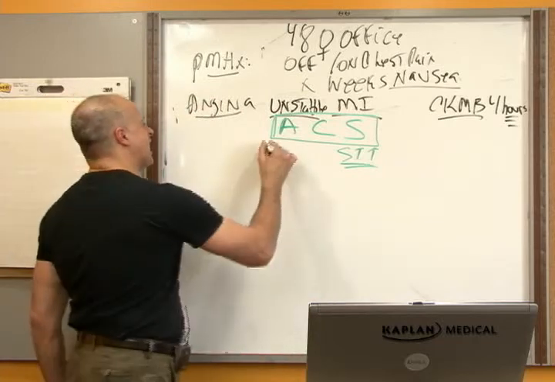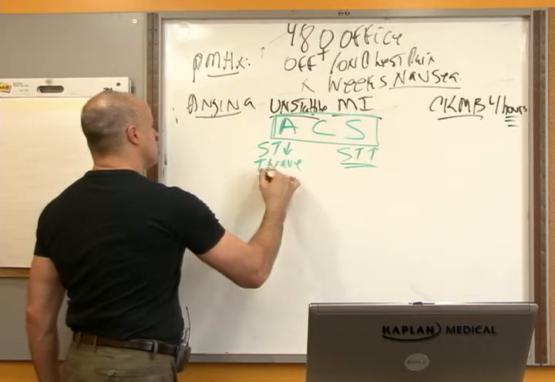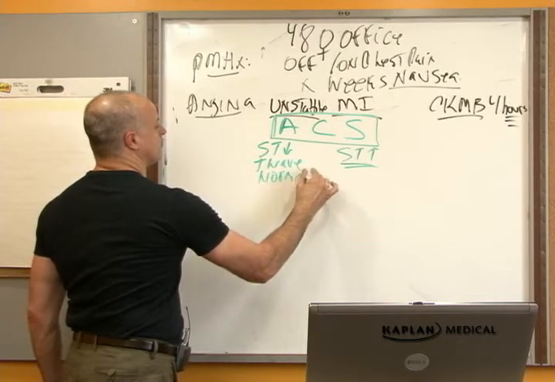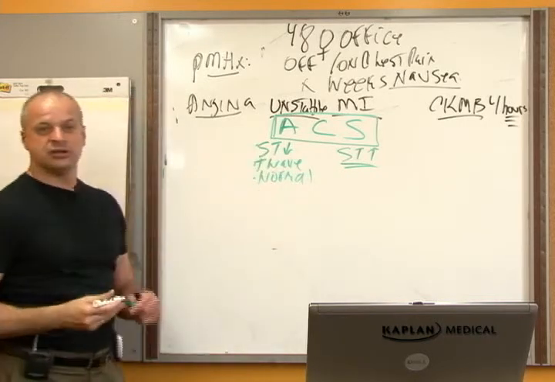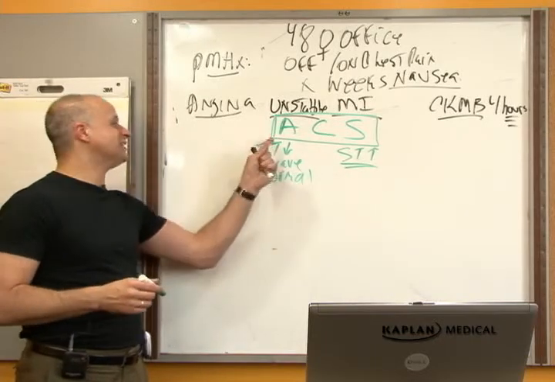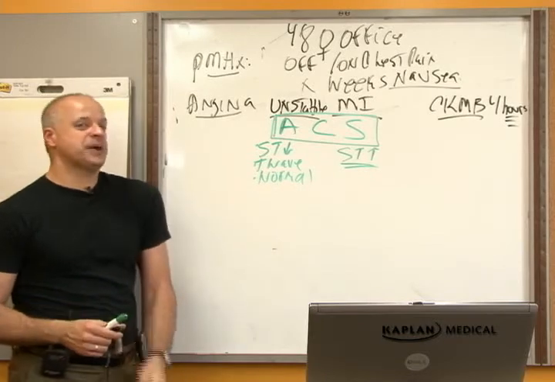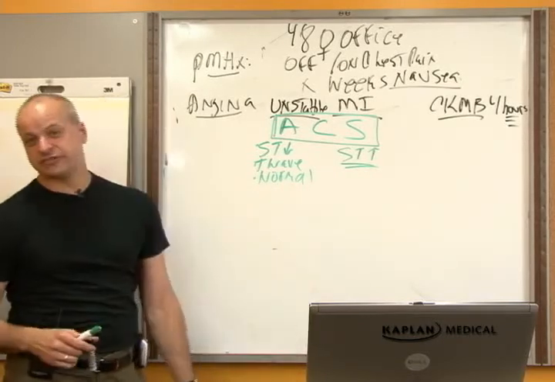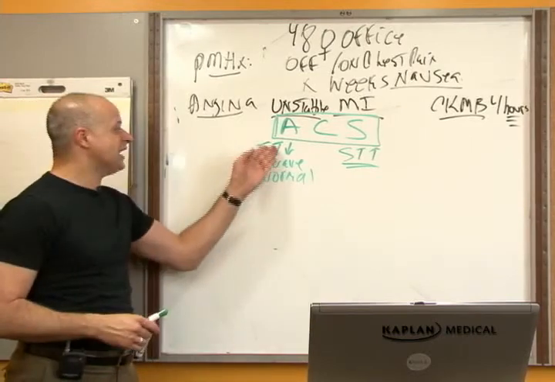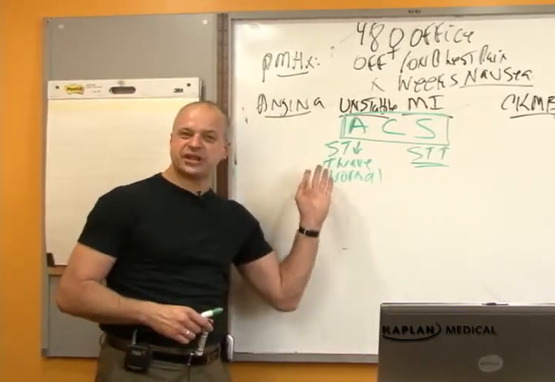If we see ST segment depression, T wave inversion, normal, but the story is like ischemia, we have divided this up into ST segment elevation and non-ST segment elevation. So I could say ST depression, normal, or T wave inversion, but it means there's not an ST segment elevation.